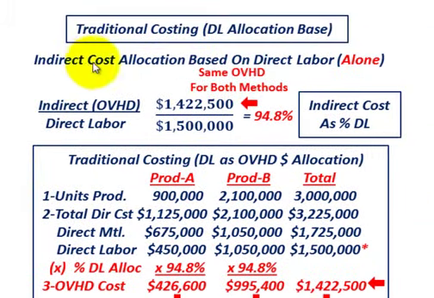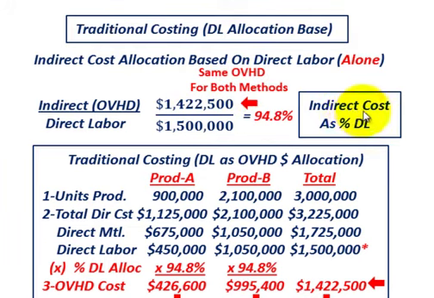Now let's go and compare it to our traditional costing, where you really have one allocation base here, and all those overheads would be based on direct labor dollars here, or direct labor hours, however you want to look at it. So again, for our indirect cost allocation based on our direct labor alone here, you would use the same overhead dollar amount here for both the traditional costing using just direct labor here and that ABC or activity-based costing.